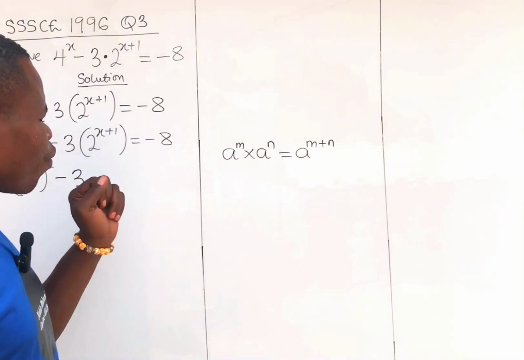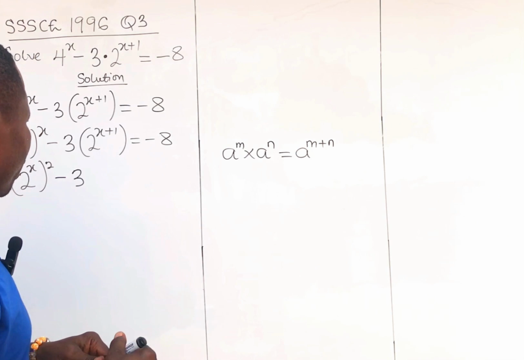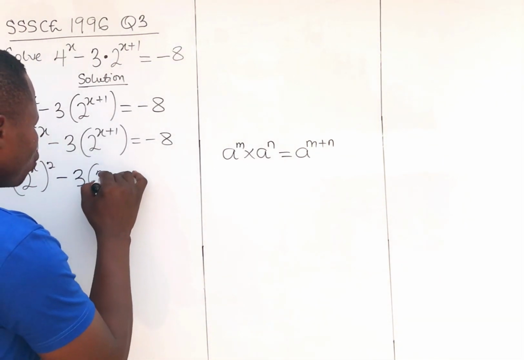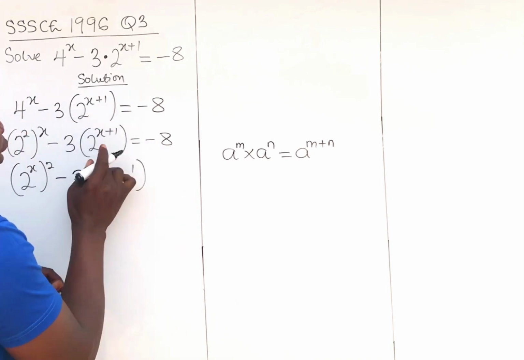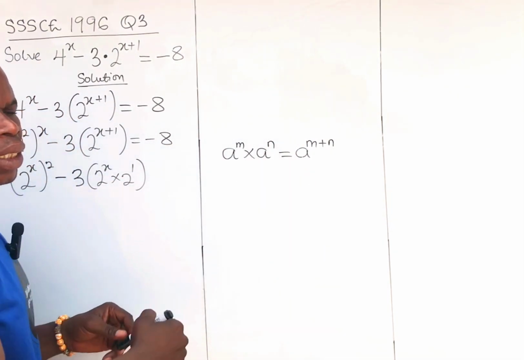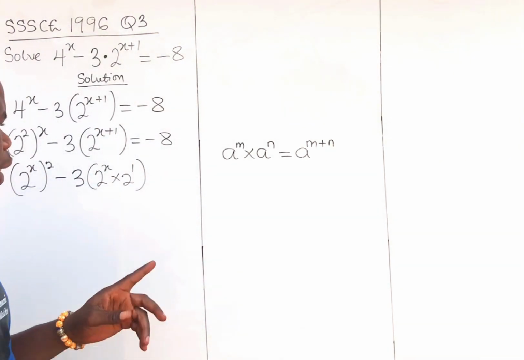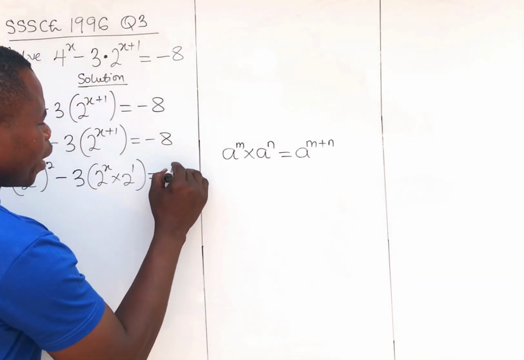So that means that we are going to convert 2 exponent x plus 1 into this form. And to do that, it will now be 2 exponent x times 2 exponent 1. I'm separating this thing. So we are converting it back to this. So if I have 2 exponent x plus 1, it's the same thing as 2 exponent x times 2 exponent 1, which is equal to minus 8.